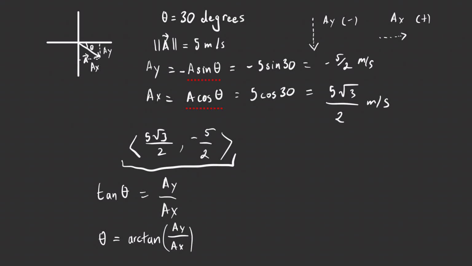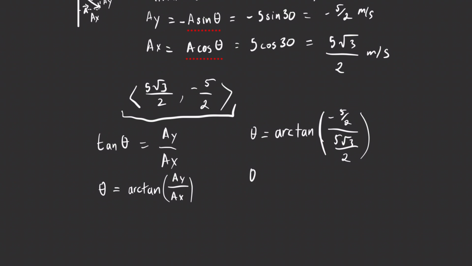So let's go ahead and input our known values. So after solving for this, we get theta is equal to negative 30 degrees. Now, at first look, this doesn't make sense because we know the angle has to be positive.